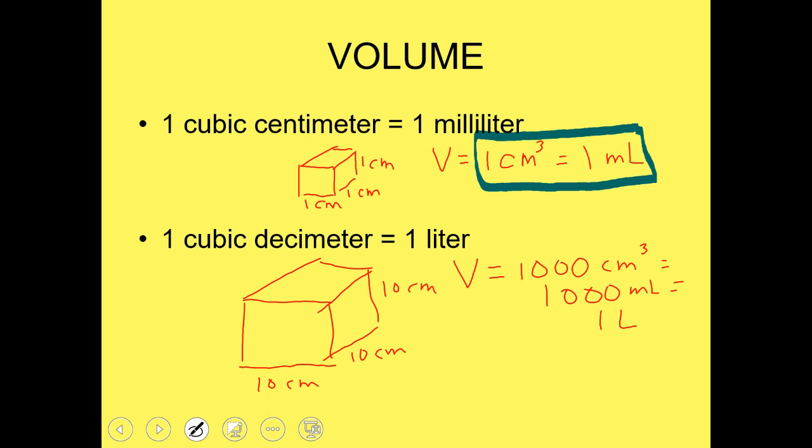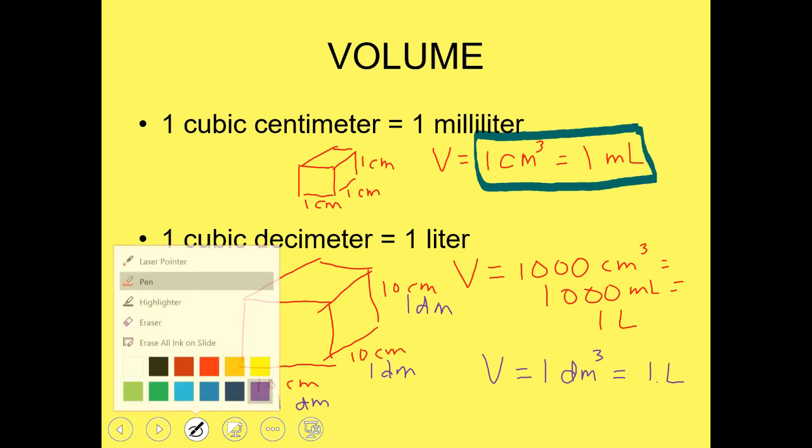Well, 10 centimeters is a decimeter. We're going to get our prefixes in a minute. So that means that this volume is 1 decimeter cubed, 1 decimeter times 1 decimeter times 1 decimeter, and that is equal to 1 liter.